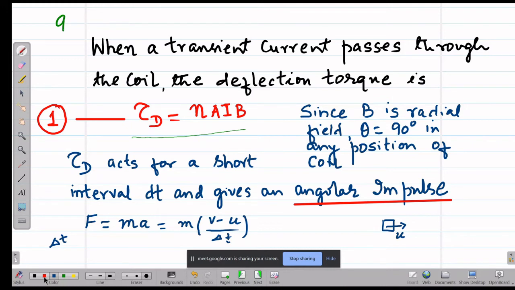Now on this body, let us assume that there is a force F which is acting for a short interval of time delta t. During this delta t, the body's velocity will change from u to v. This is Newton's first law.